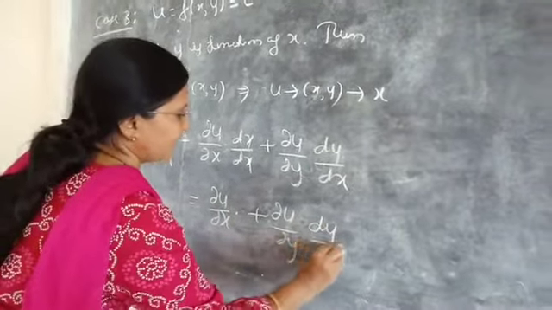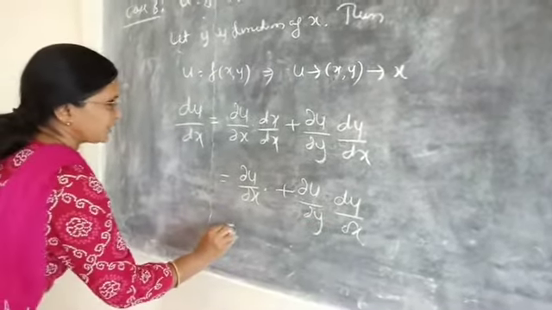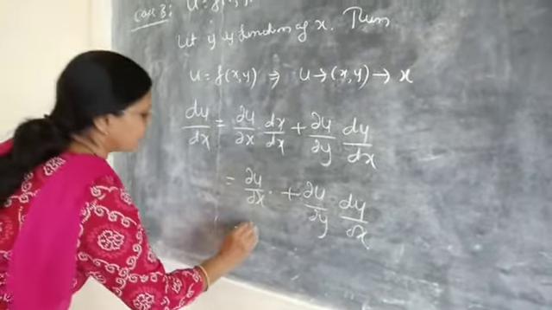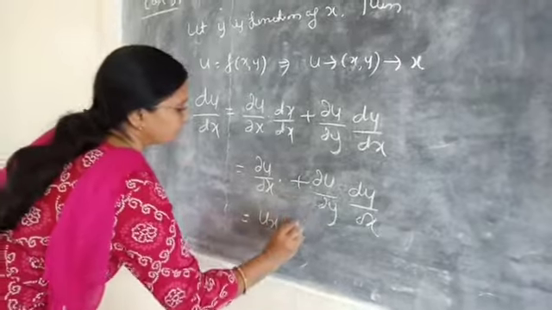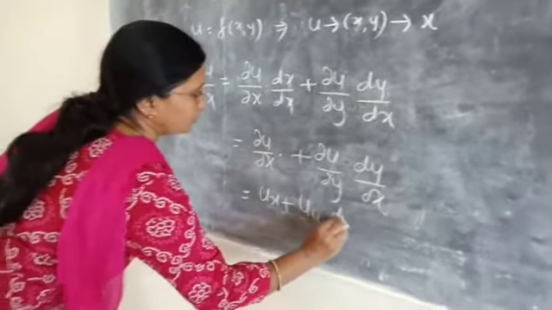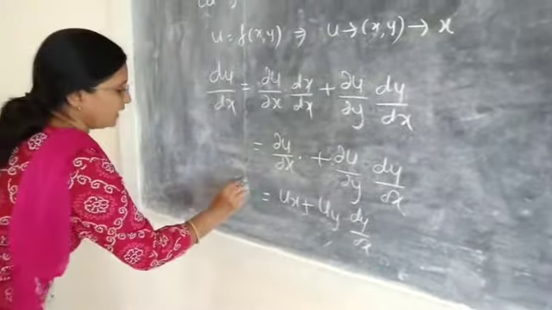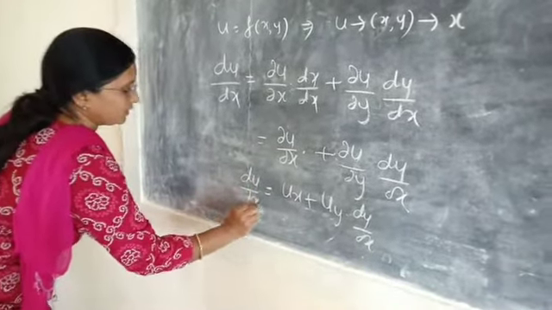You keep this as it is. We know ∂u/∂x is also denoted by ux, and ∂u/∂y is also denoted by uy, and this one is du/dx.